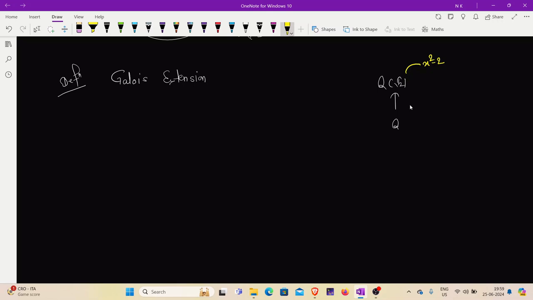So the basis of Q(root 2) over Q will be powers of root 2 until 1, so root 2 raised to 0, root 2 raised to 1. So the basis is nothing but 1, root 2, and we can easily identify that this particular extension has a finite basis over Q, as it is generated by two elements over Q. So that's why this extension is a finite extension, right?